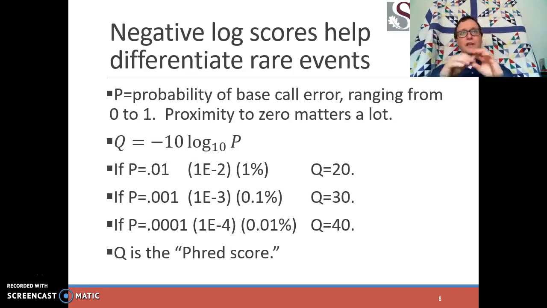And having a set of nucleotides with a Q score of 40 average have 10 times less chance of probability per nucleotide than does a similar stretch with an average Q score of 30. So even though a 20 versus a 30 doesn't seem like that big a deal, it's a 10-fold difference in the amount of error we estimate here.